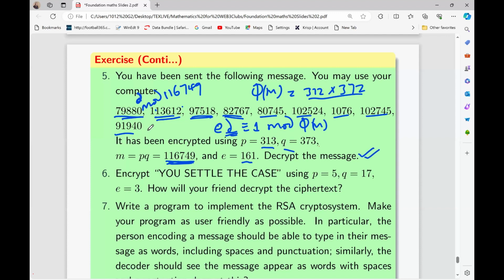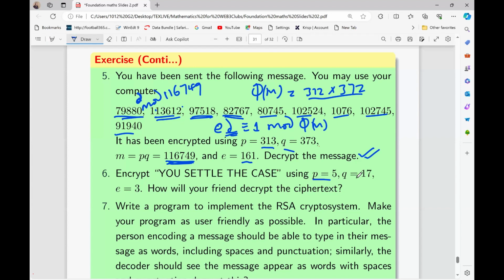So I tried to come up with this bigger number so that you can also come up with an algorithm to do this. Now look at this, encrypt this. So this is the message, and you've been told use P to be 5 and Q to be 17. This one I tried to choose the smaller numbers. But how do you encrypt this?